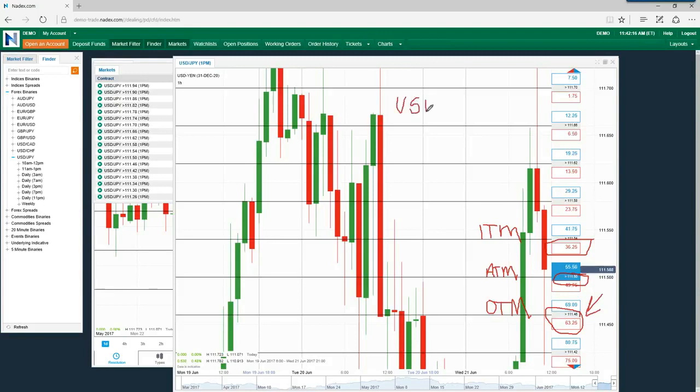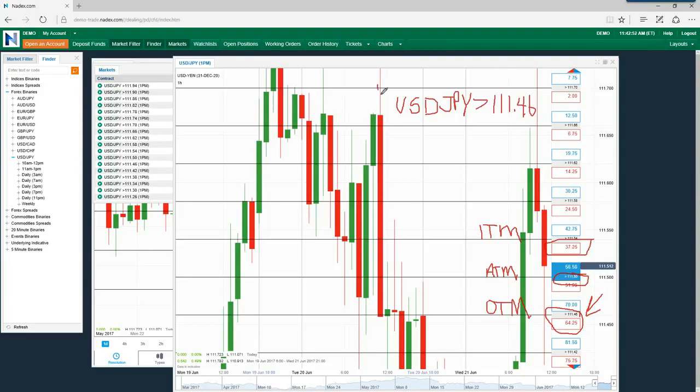Do you believe, and just type yes or no, the USD JPY will be greater than 111.46 by 1 p.m.? And this is what makes it a binary, guys. Do you believe that that statement is true or false? Yes or no?